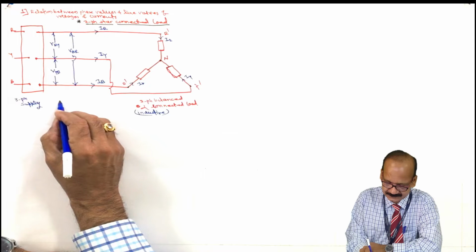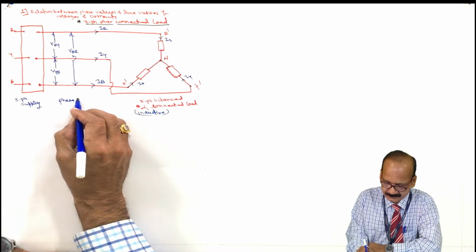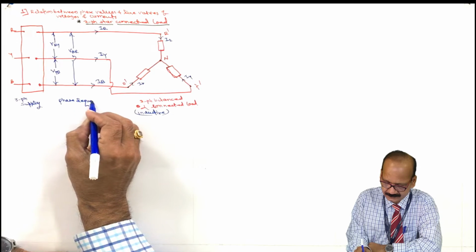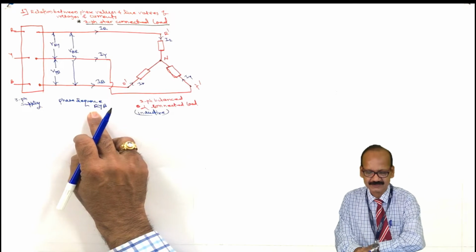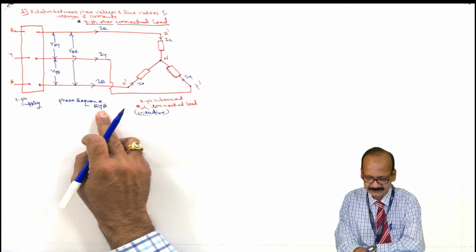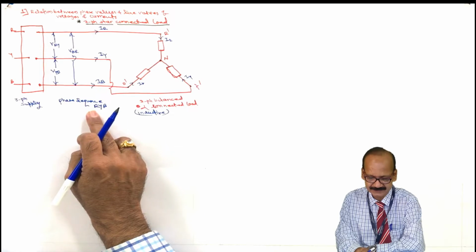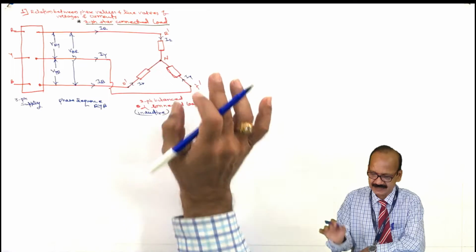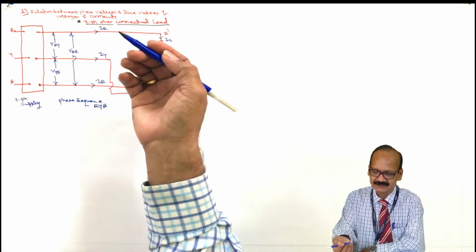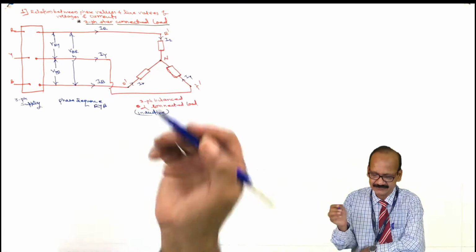Phase sequence RYB means you have to find out the voltage between R and Y, Y and B, and then B and R. So these are the line voltages, and see the phase voltages, the voltage between any line and neutral.